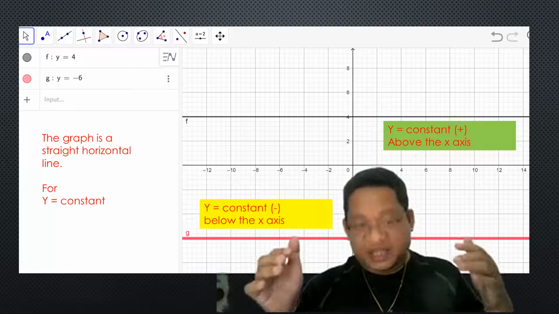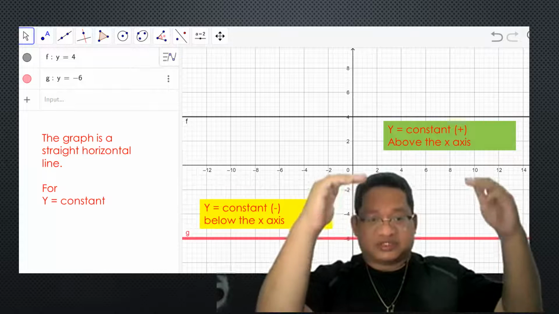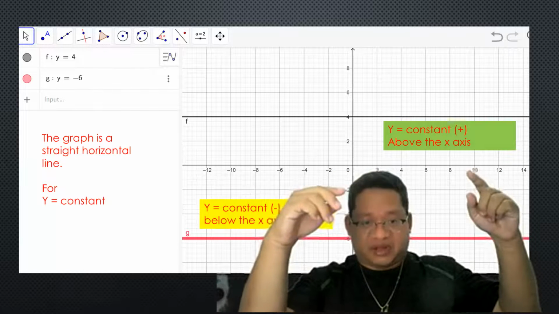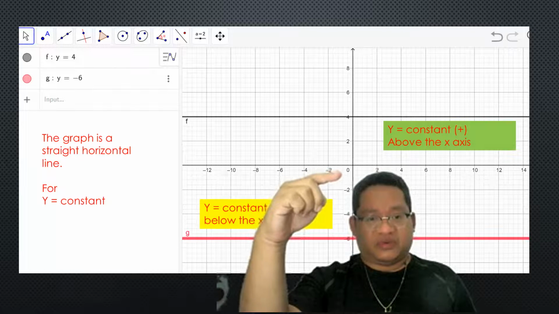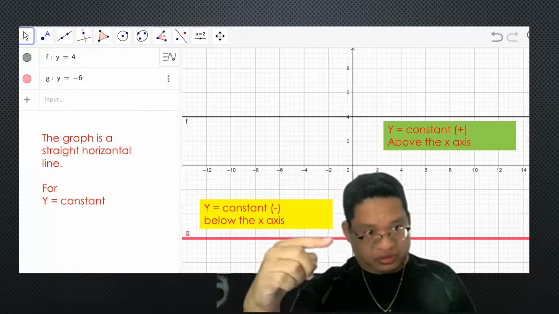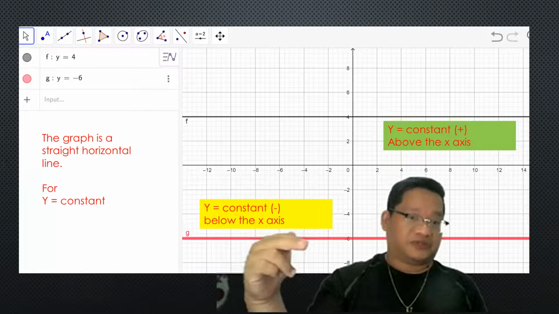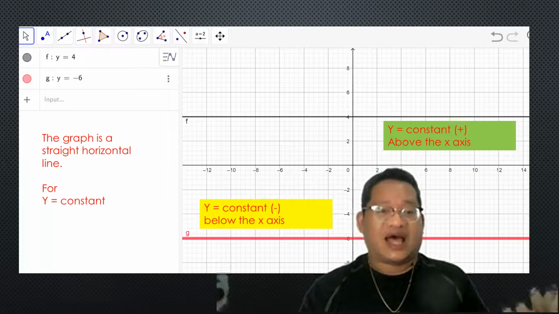If y is equal to a negative number, then it's below the x-axis. So in this case, y is equal to -6. From here, you go 1, 2, 3, 4, 5, all the way until you get to -6. It's actually the opposite direction now.